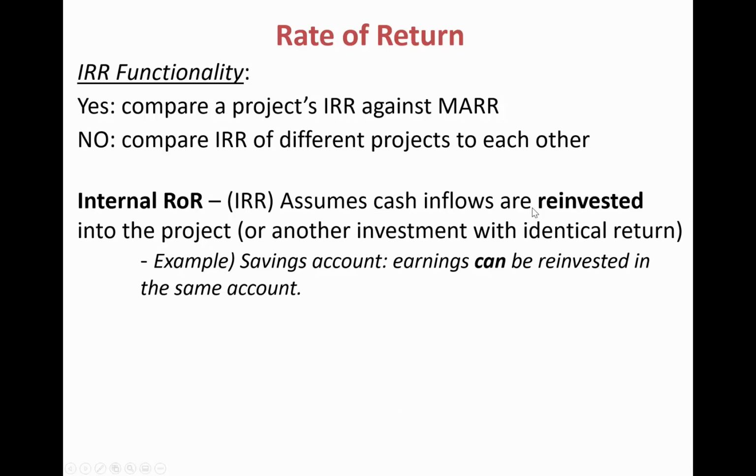An example of something you can reinvest would be a savings account. Each month when your bank pays you interest on a savings account, the default thing is that the money stays in the account. So next month you're earning interest on what you had before, as well as this month's interest. And so internal rate of return assumes compounding internal to the investment.